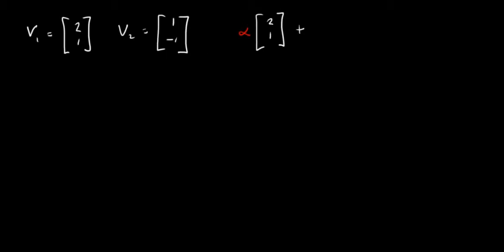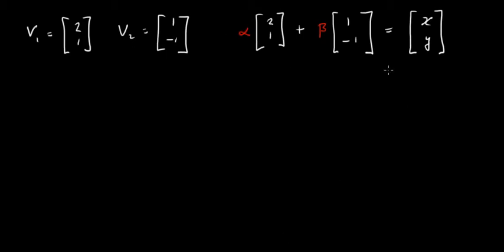And then we want beta, say another real number, multiplied by v2, and we want to end up with some vector, let's say x and y here, any vector in R2.